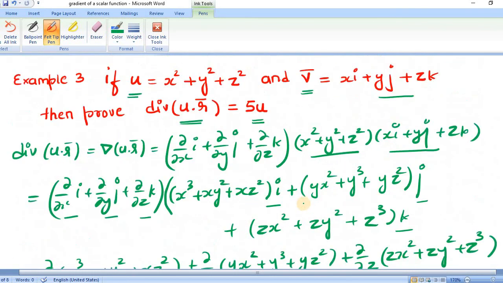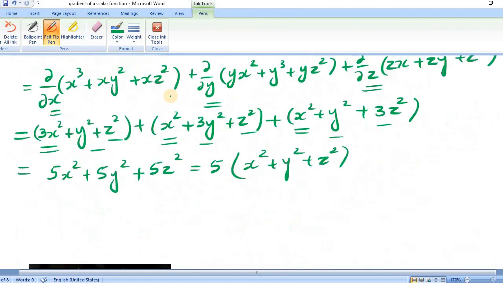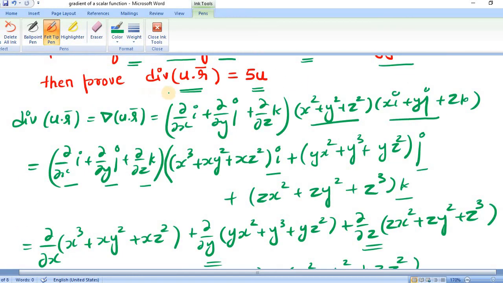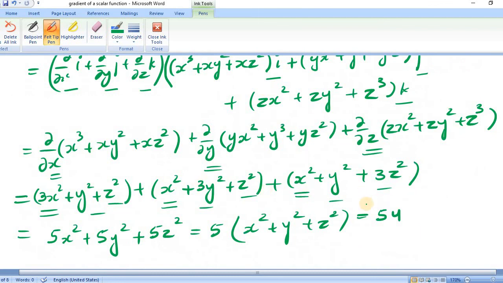And you can see in the question that this is equal to u. So we will replace this by u. So this is equal to 5u. And you can see we have proved this. The divergence of u dot r is equal to 5u. So we have got our answer, and we can say that we have proved this.